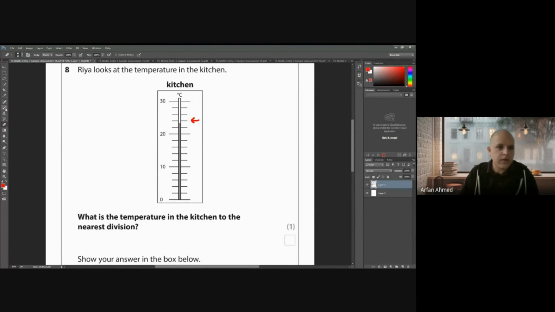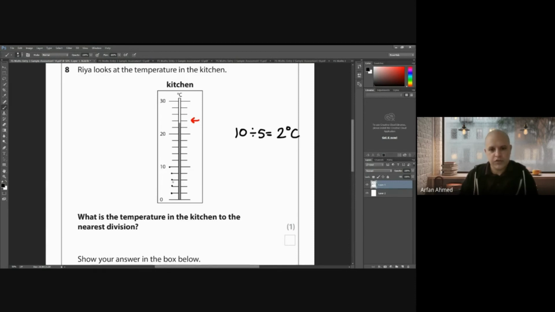Let me work out what one of these little sections actually represents. How many have we got? We've got 1, 2, 3, 4, 5 sections between 0 and 10. So that means 10 is being divided by 5 sections, so each section represents 2 degrees.